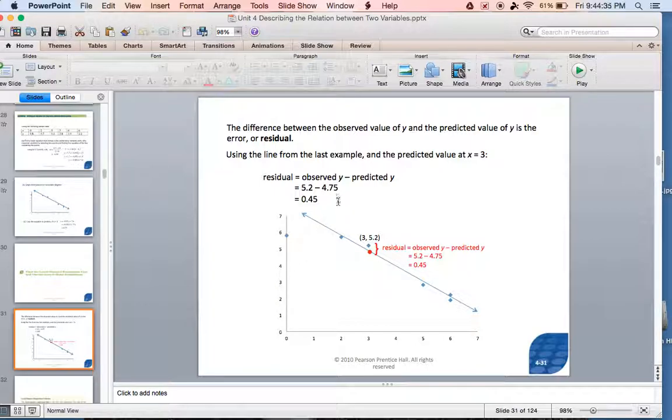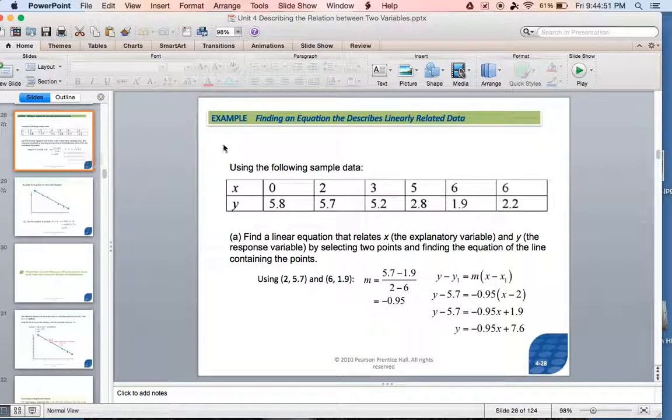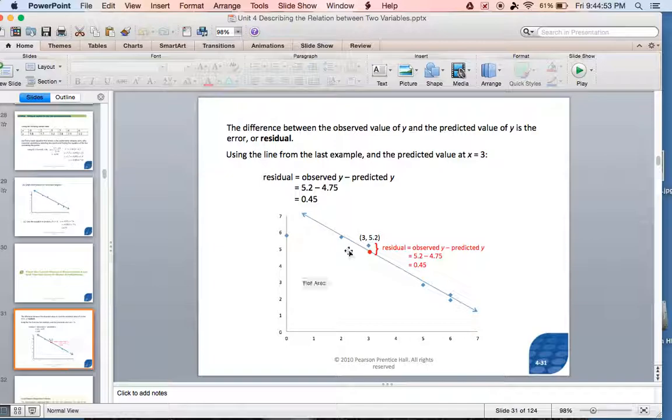That difference is called the residual, where we take the observed y, the one that was given to us in our data point, which is 5.2, and the one we predicted from our line, and that's what we call a residual.